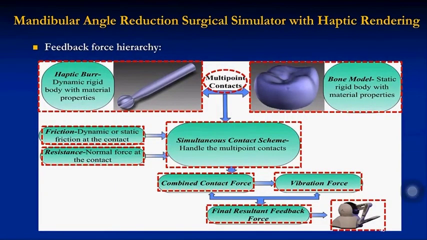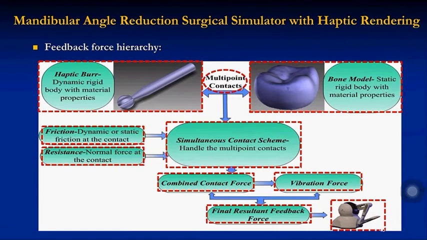As I said, the key component is the haptic force rendering calculation. We have to construct simultaneous contact schemes to handle the multi-point contacts. We also take into consideration the friction force, dynamic or static friction at the contacts.